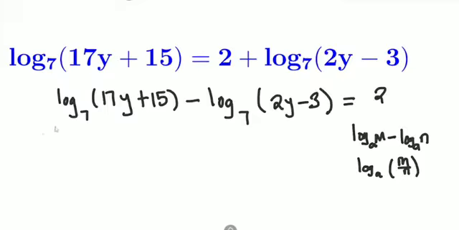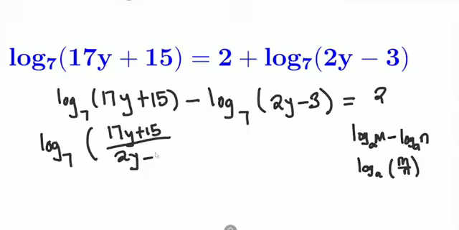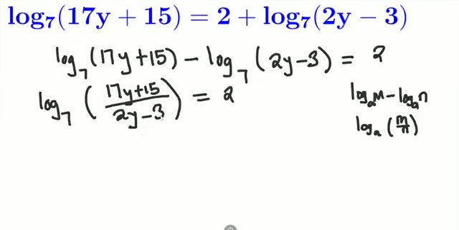So we are going to take log base 7, then we have 17y + 15 as our numerator, divided by 2y - 3, is equal to 2. From that stage, we are going to change this logarithmic equation into an exponential form.